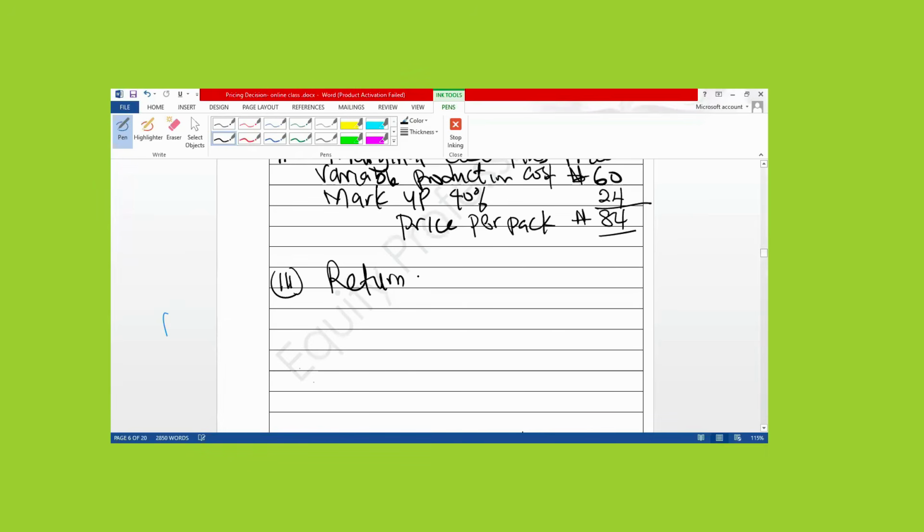Return on investment pricing. What is the principle here? We are going to get the total cost of the product. In addition to the total cost, we are going to add target return on investment to the total cost.